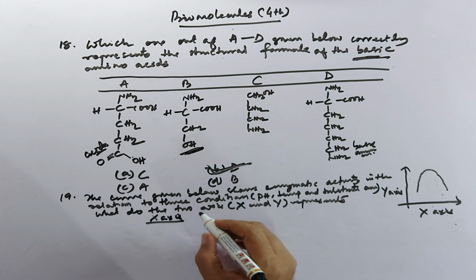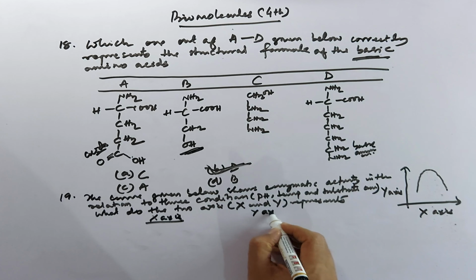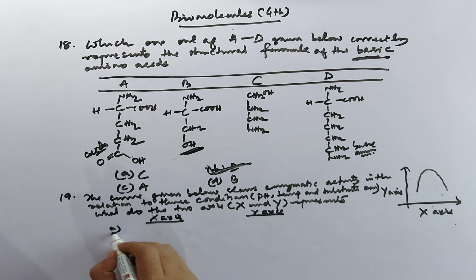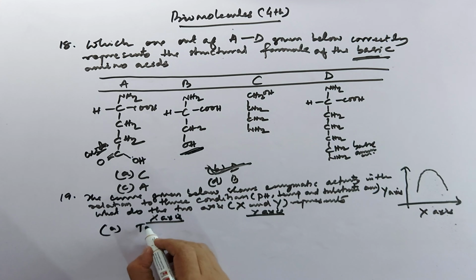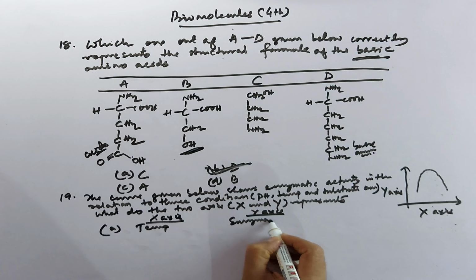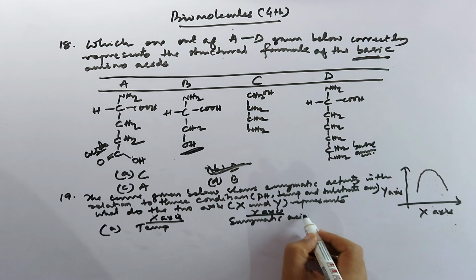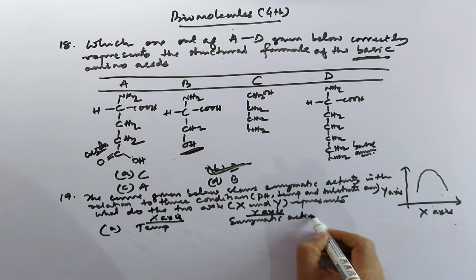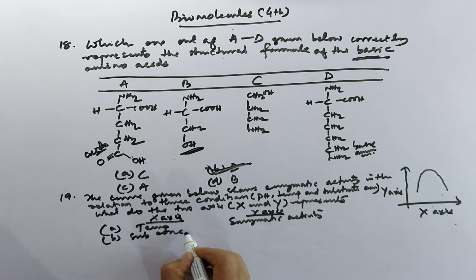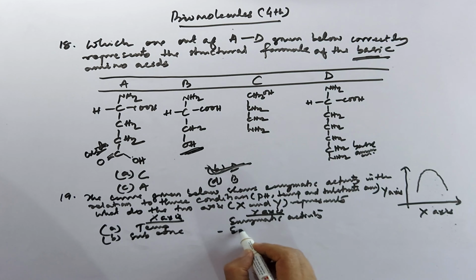So the options are x axis, y axis. The first option is temperature, enzymatic activity. B option, substrate concentration, enzymatic activity.